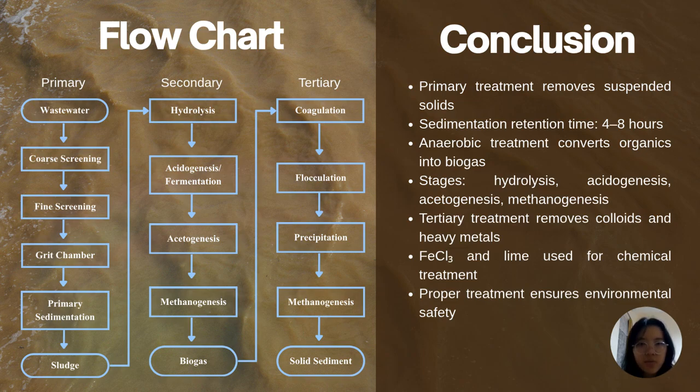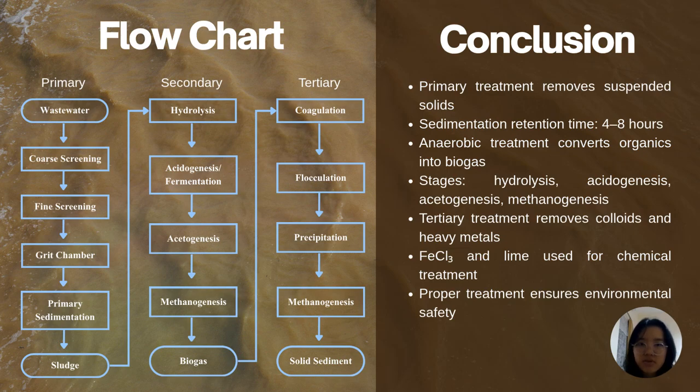In conclusion, wastewater treatment consists of primary, secondary, and tertiary stages to improve wastewater quality before discharge. Primary treatment removes suspended solids through screening and sedimentation with a retention time of 4 to 8 hours. Secondary treatment uses an anaerobic system to convert organic compounds into biogas through hydrolysis, acidogenesis, acetogenesis, and methanogenesis.